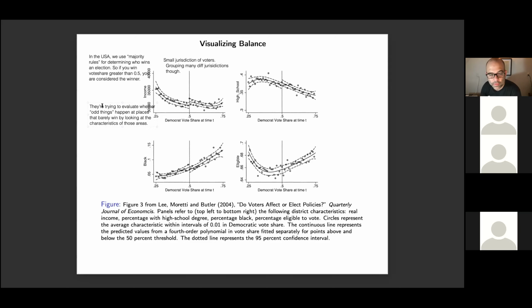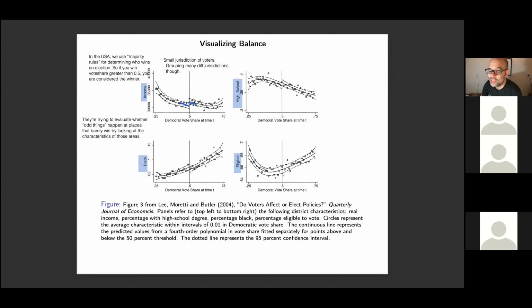They're going to look at income, the share of the population that graduated from high school, the share that's eligible to vote, and the share that's African American. You can see right here that there is a bit of a jump, but the standard errors are large enough that the confidence intervals encompass each other.